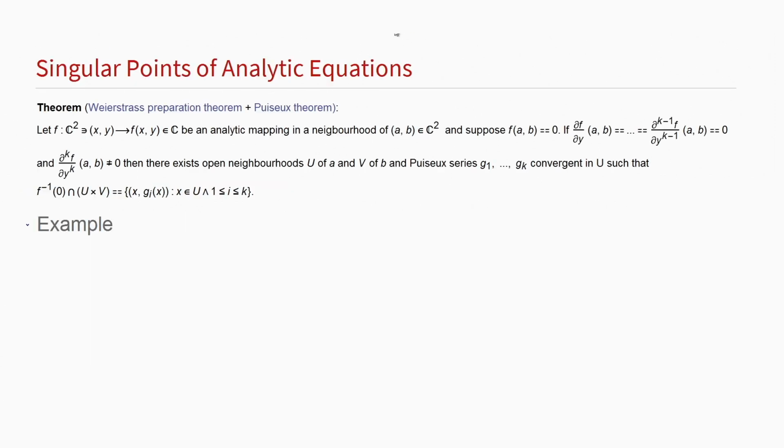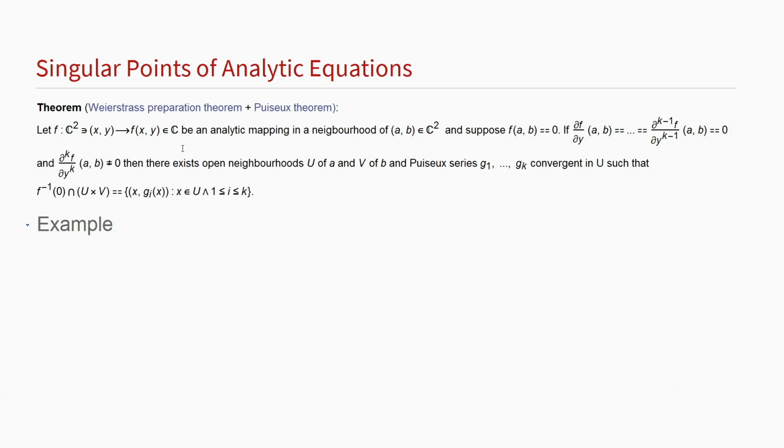So the next case that's solvable, singular points of analytic equations. Now you can notice that this works only if x and y are one-dimensional. So that's a much narrower case.